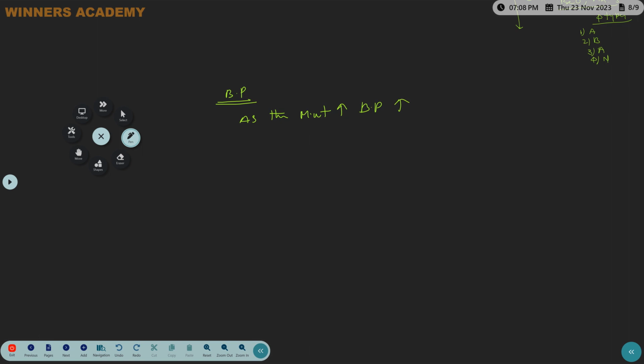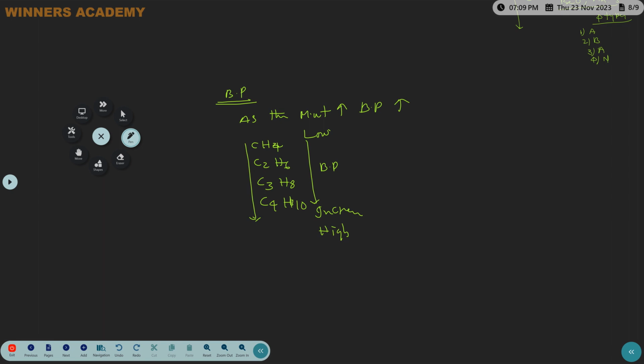Suppose methane CH4, ethane C2H6, propane C3H8, butane C4H10. So boiling point, what happens? Boiling point increases. Here low boiling point, here high boiling point, isn't it? As the molecular weight increases, boiling point also increases.